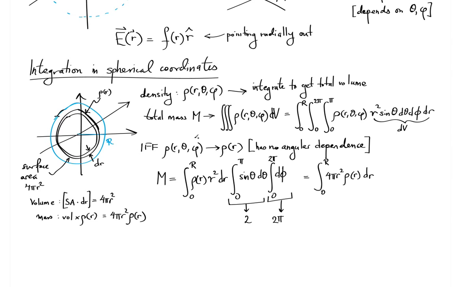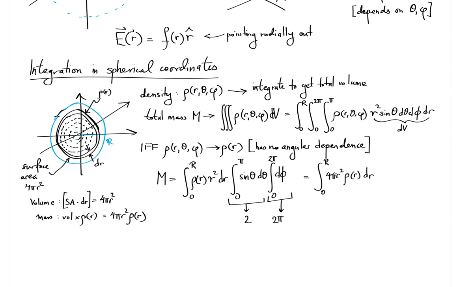So what we're doing is summing over nested shells. That was for one shell, but really what we're going to do is chop this sphere up into a whole bunch of concentric little shells that are all nested inside each other. Then we're going to sum over all of them.